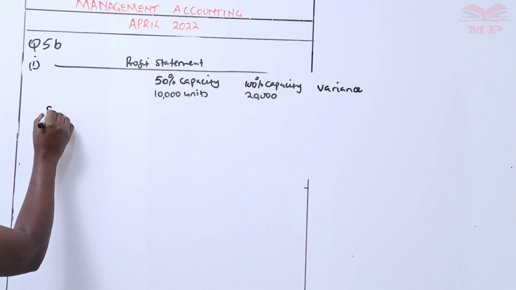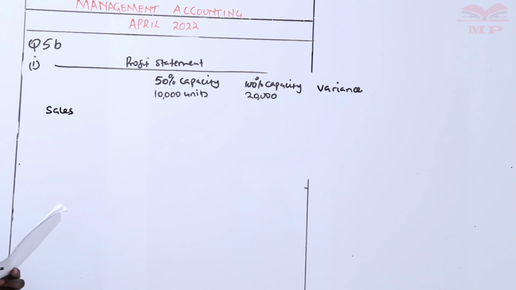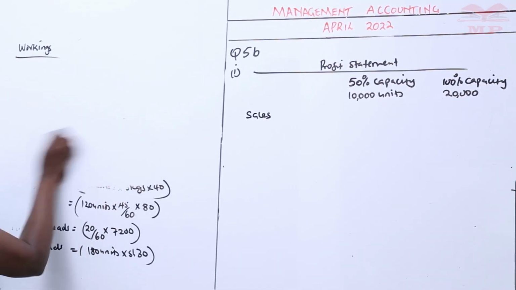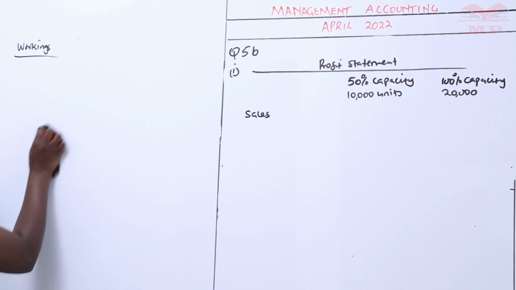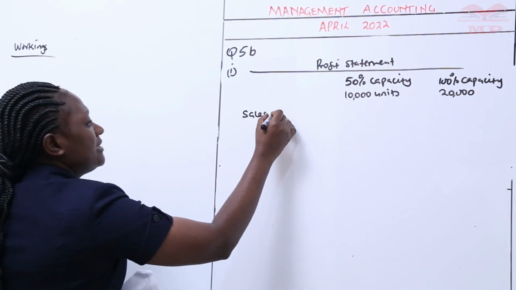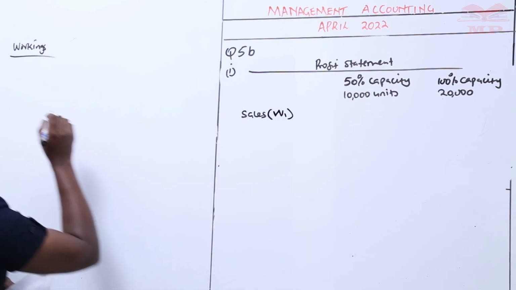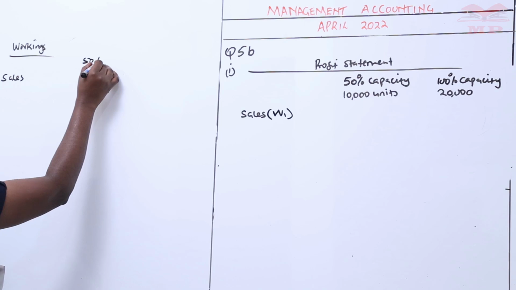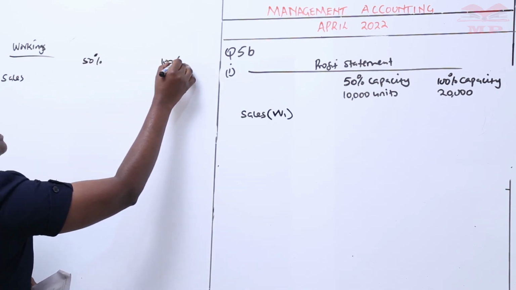So we are beginning with the sales. Remember, we are showing the profit. So we begin with sales. The sales under 10,000 units, we are told that the selling price per unit is 500. So this is working one, sales. We have 50% capacity and 100%.